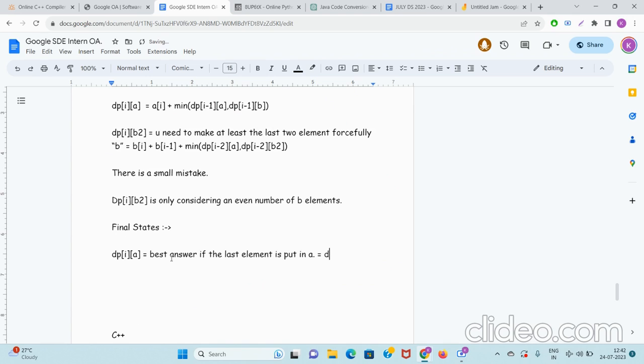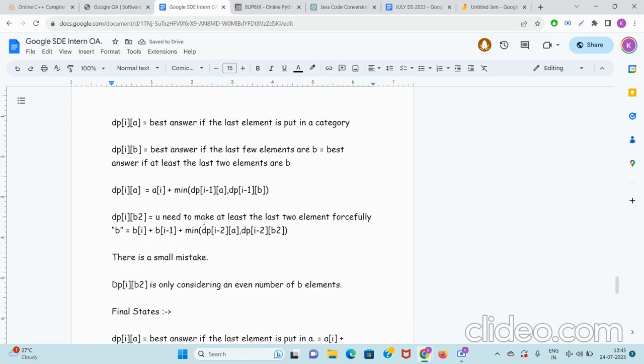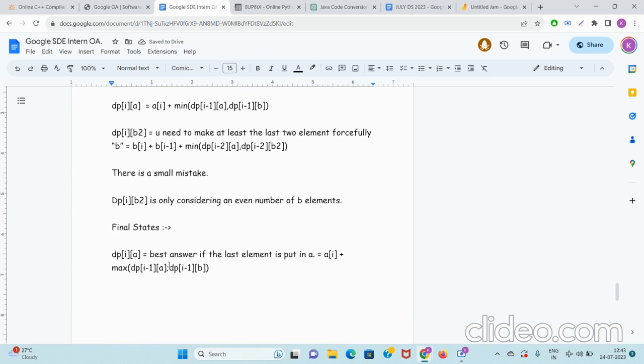The formula will be a of I plus max of dp I minus 1, the best answer if you are taking a from the end, or dp I minus 1 if the best answer which you are taking is b. Okay, from that part. Okay, this we already discussed. Okay, acha, we have to take min. Sorry, I keep on writing max. We need the minimum answer.